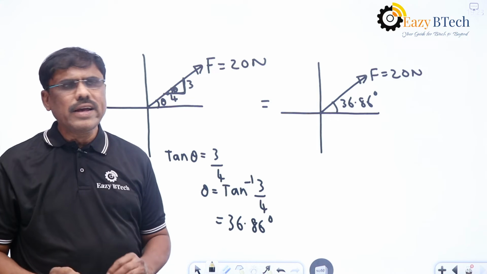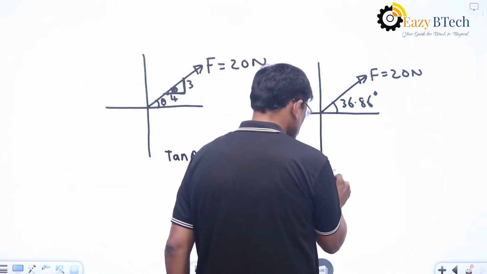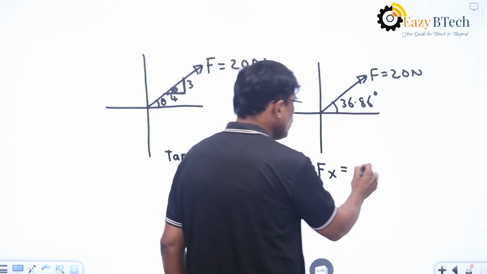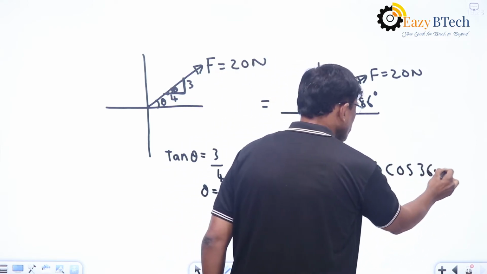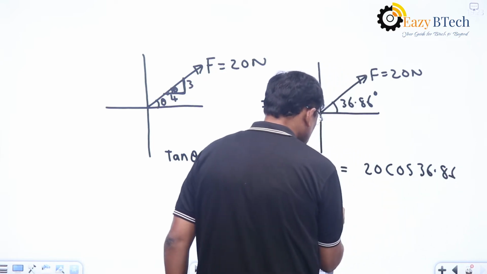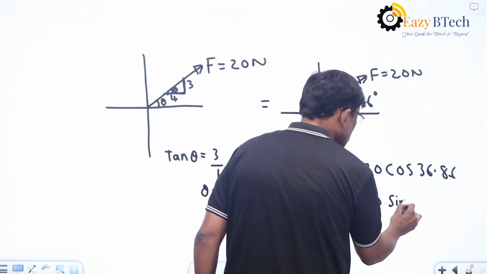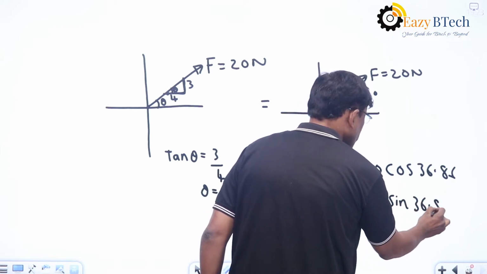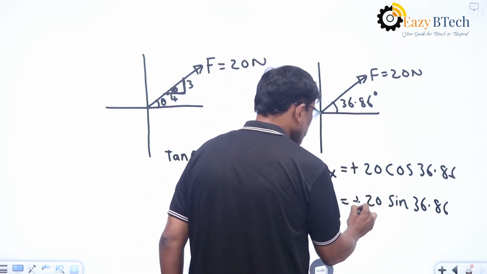Because it makes angle 36.86 with x-axis, Fx is equal to 20 cos 36.86 and Fy is equal to 20 sin 36.86, and both are positive here.